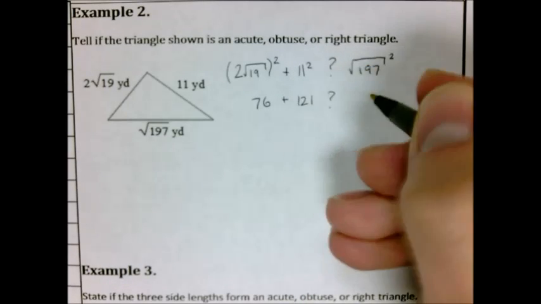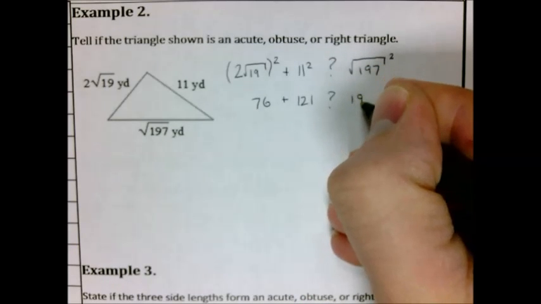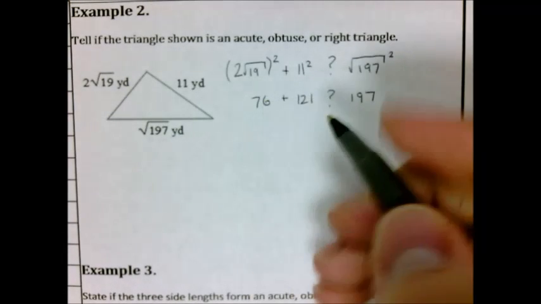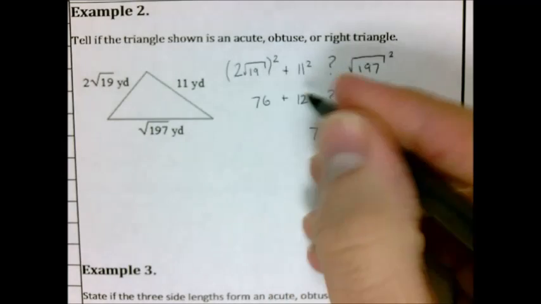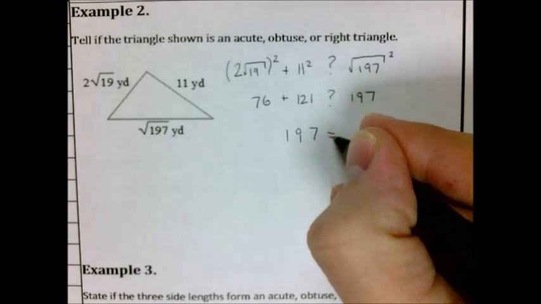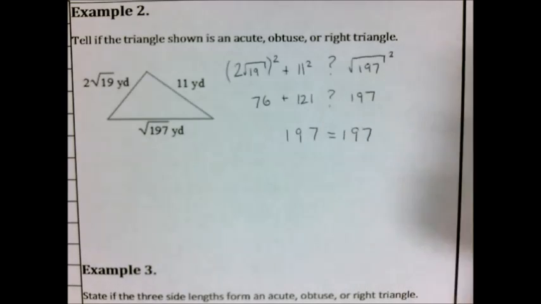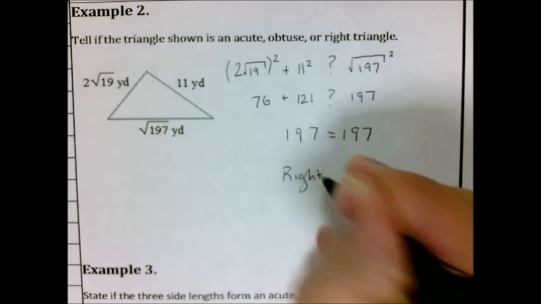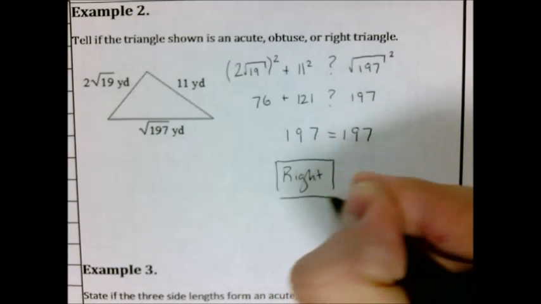We want to know, is that greater than, less than, or equal to 197? So if we add these together, 6 plus 1 is 7, 7 plus 2 is 9, and we have the 1 left over. And we see that is exactly equal to 197 on the other side, which means that this is a right triangle.